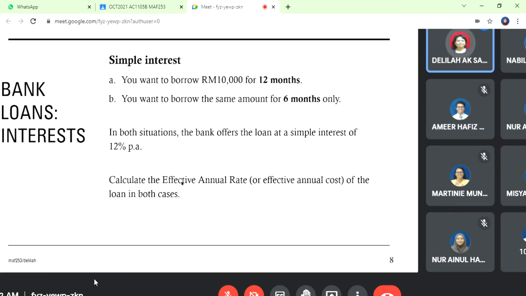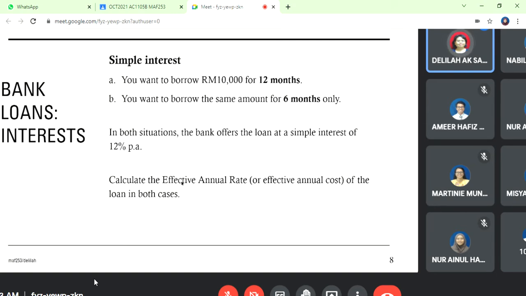So bank loans, in your textbook, the majority of the examples in chapter 6 cover bank loans, and you need to know two types of interest. One is called simple interest.